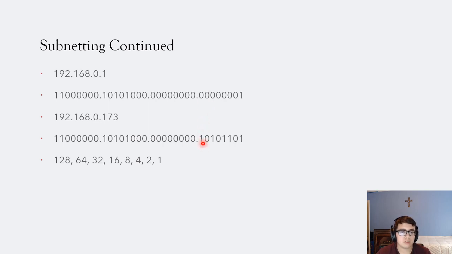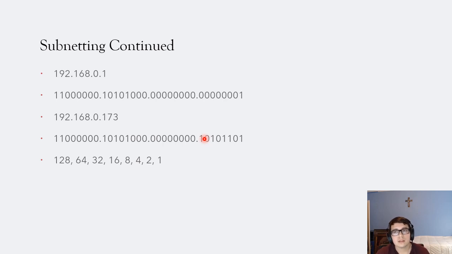Those two addresses are network addresses. So anything between 1 and 127 is the first network, and anything between 129 and 255 are the second network.